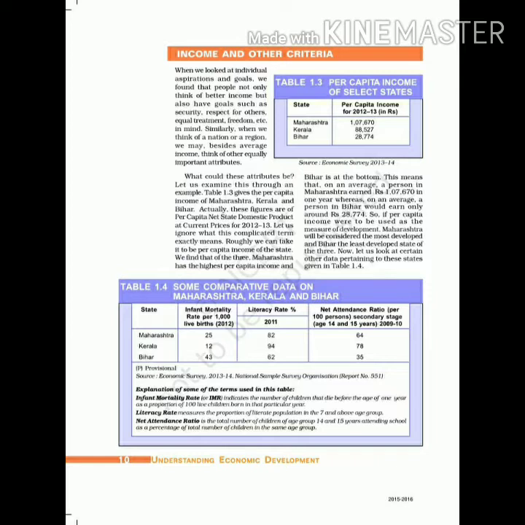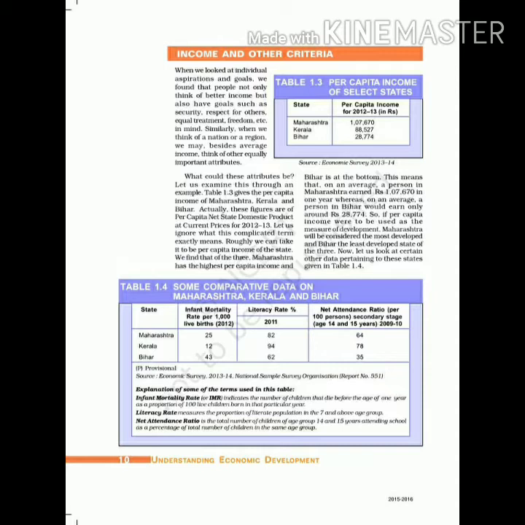So you can very clearly see that the per capita income achieved in state of Haryana is more than Kerala and Bihar.